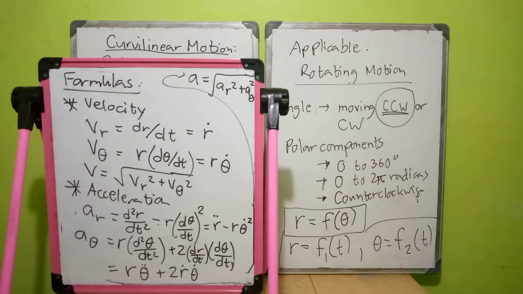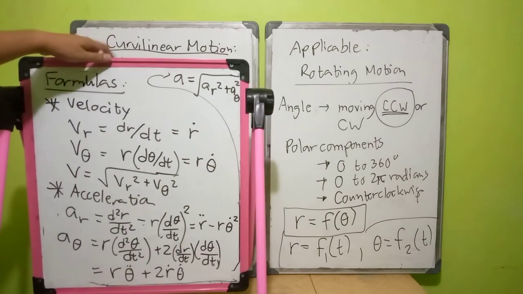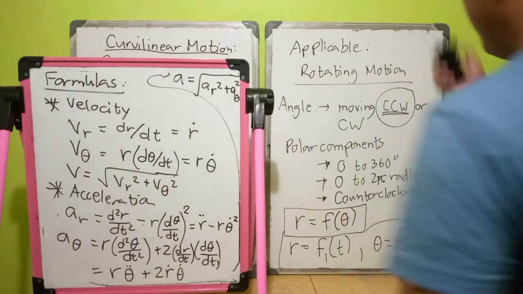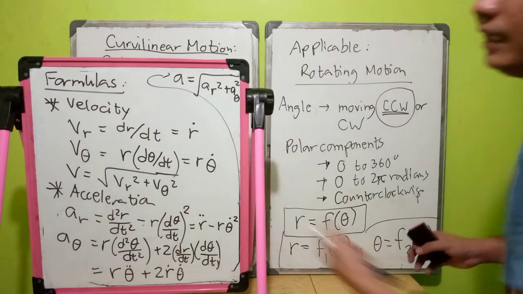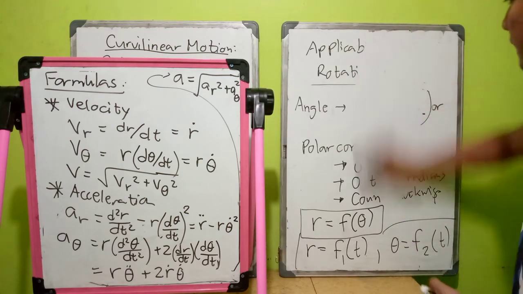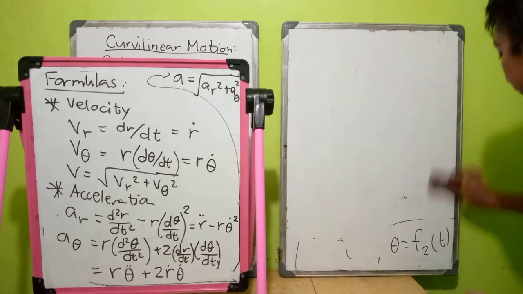So this is in scalar form, and in vector form it will be like this.